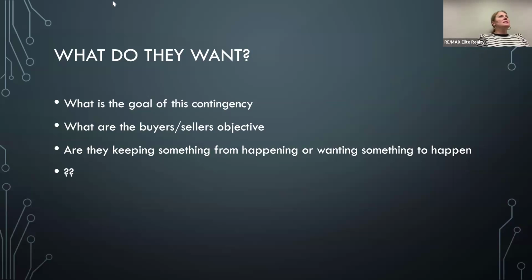So let's take a really simple inspection contingency right off the top of our head that we can do fairly easily. What is the goal of an inspection contingency? That it passes the inspection. Okay. So the goal of the inspection contingency is that the inspection is passed.